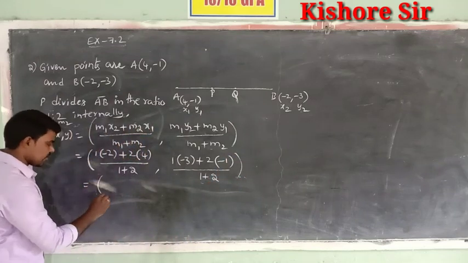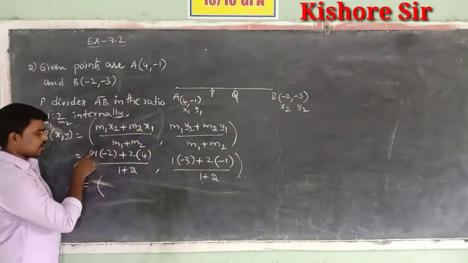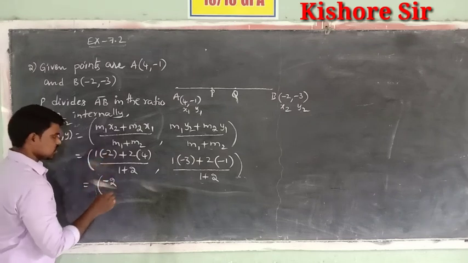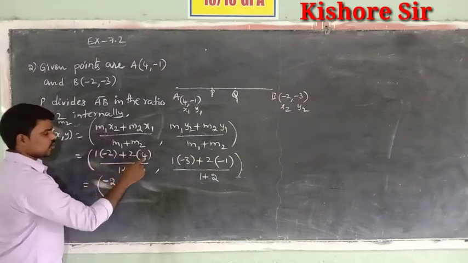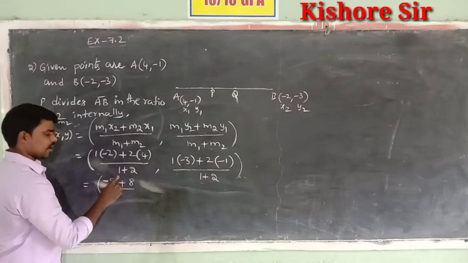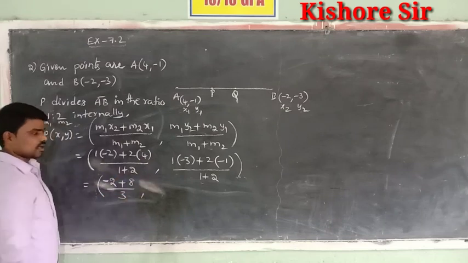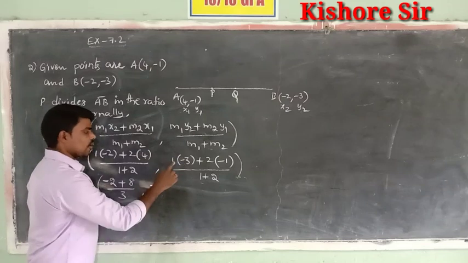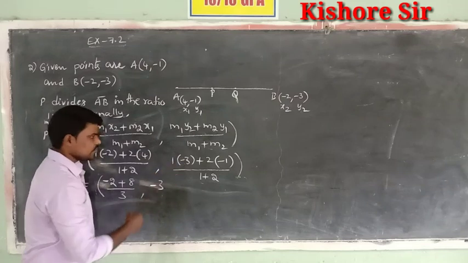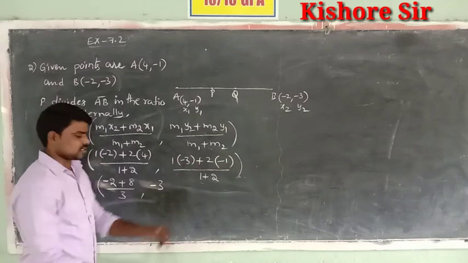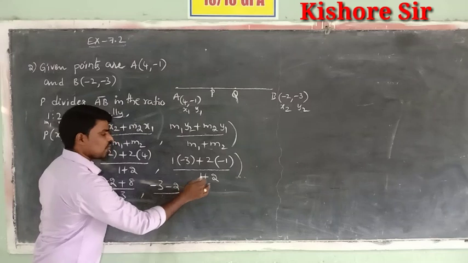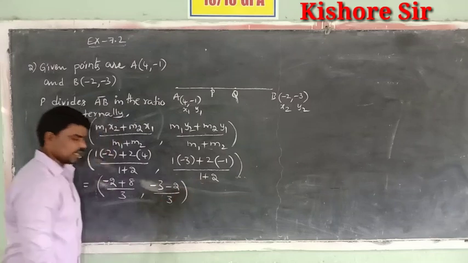That is equal to (1 into minus 2, plus 2 into 4, which is 8) by 1 plus 2, 3, comma (1 into minus 3, plus 2 into minus 1) by 1 plus 2, 3.